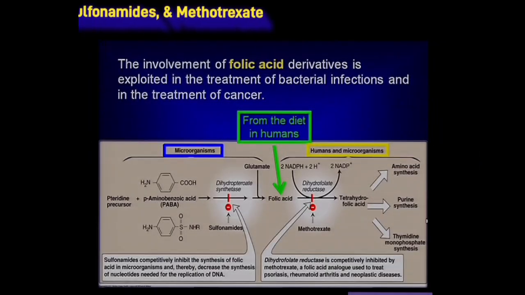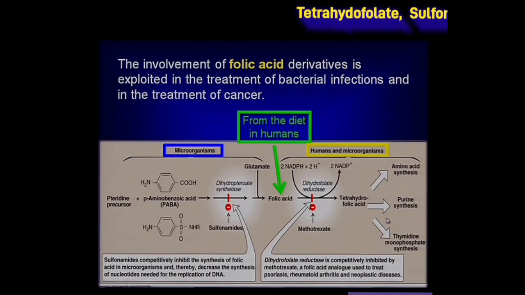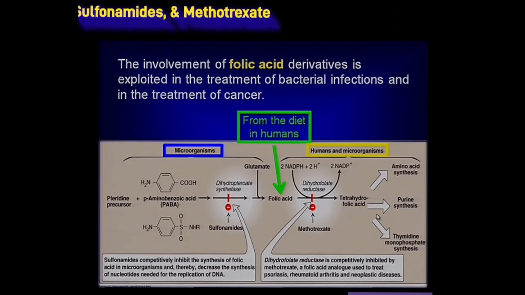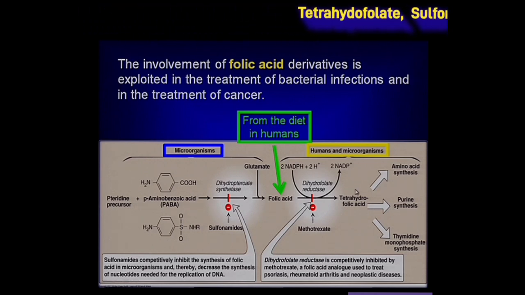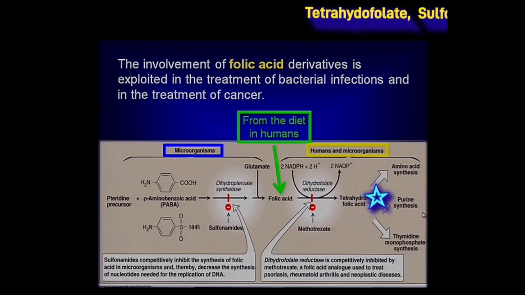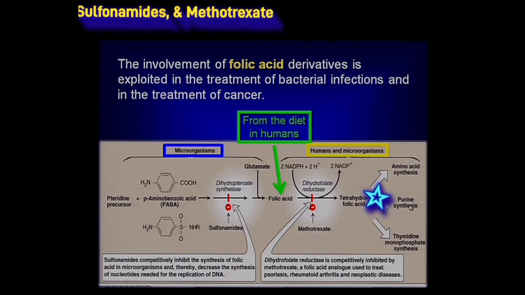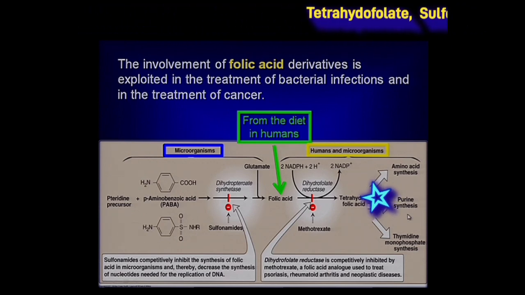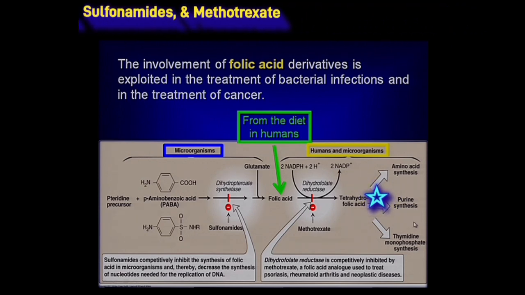In both humans and microorganisms, THF is needed for purine synthesis. If it's not present, you cannot make purines. If you can't make purines, you can't make nucleotides. If you can't make nucleotides, you can't synthesize nucleic acids.